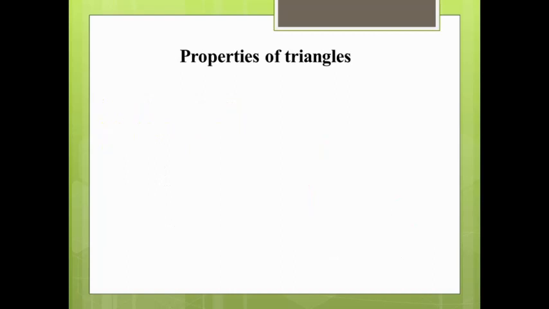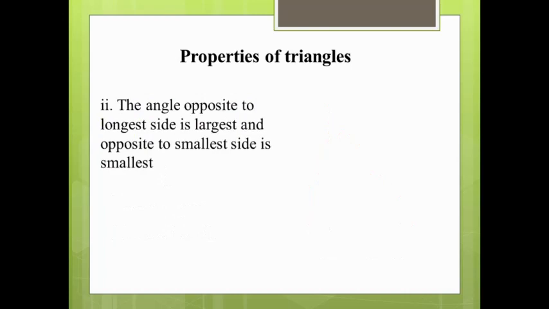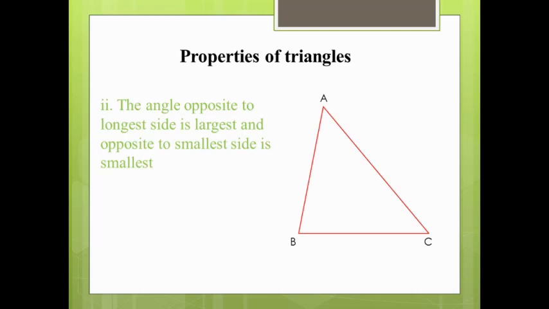Next property is: the angle opposite to the longest side is largest, and the angle opposite to the smallest side is smallest. It means in the triangle ABC, let the angle at A be x degrees and the side opposite to it be small a.